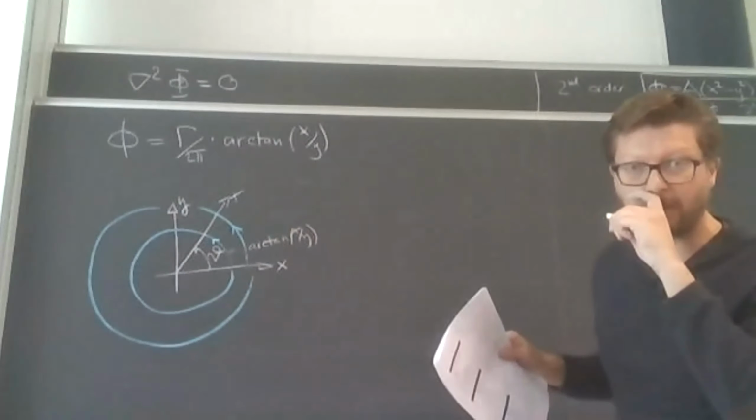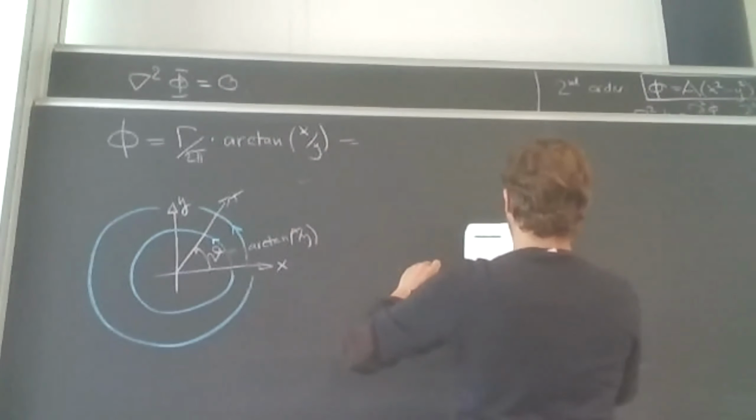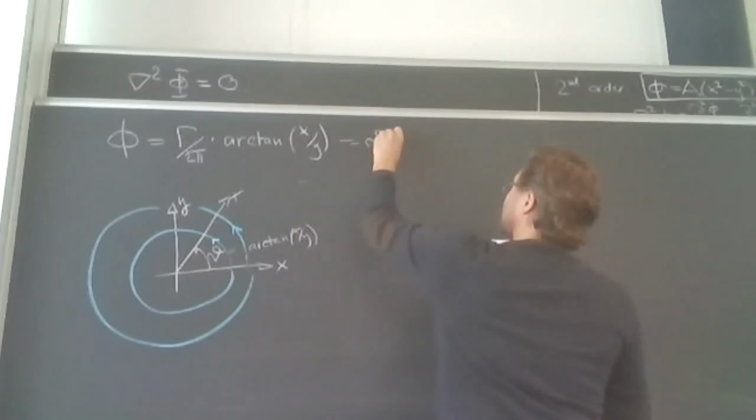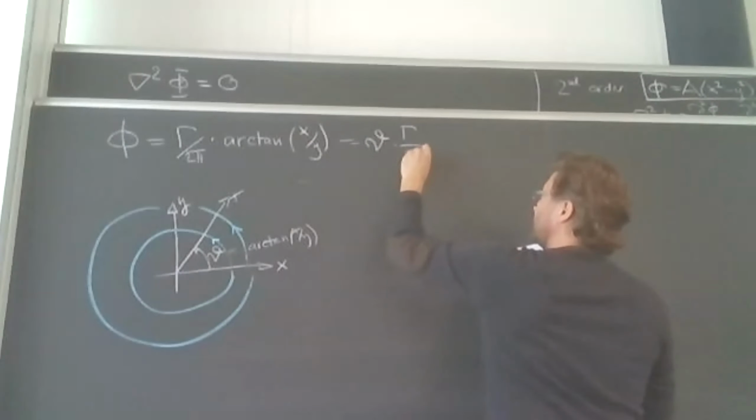Just basic trigonometry. Okay. So this can also be written as theta times gamma over 2 pi.